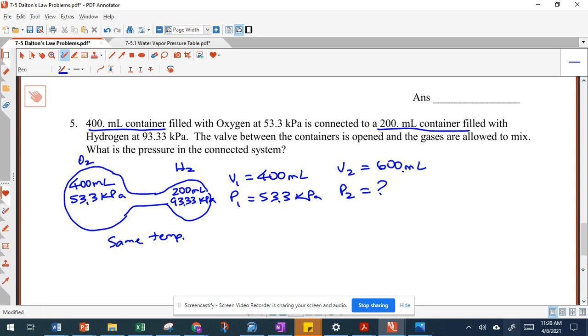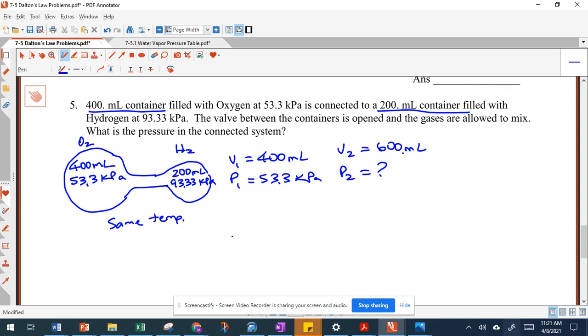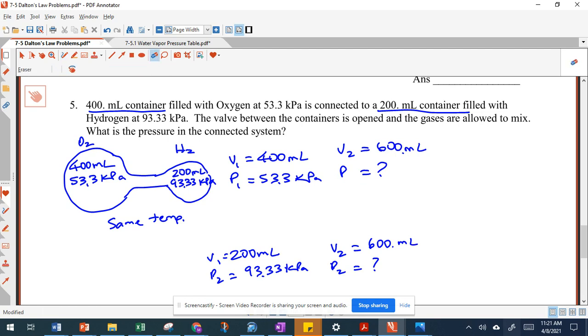And then we have a second Boyle's law problem with 200 milliliters. Our initial pressure is 93.33 kPa. Our final volume is 600 milliliters, and our final pressure is unknown. And again, this is our partial pressure of oxygen, and this is our partial pressure of hydrogen here.